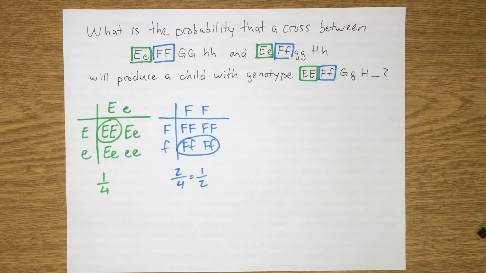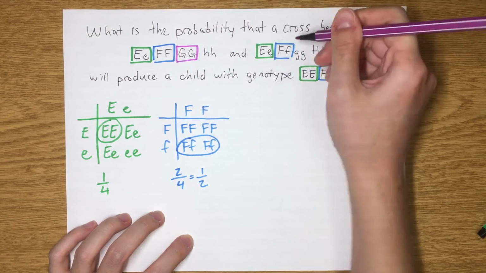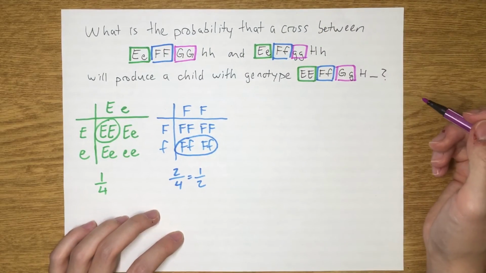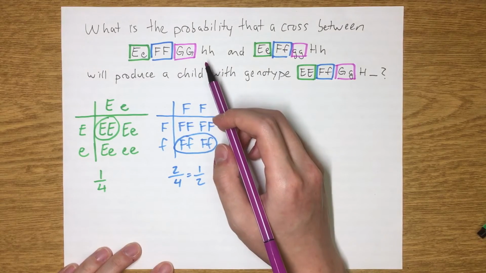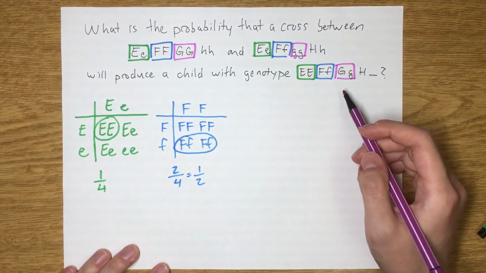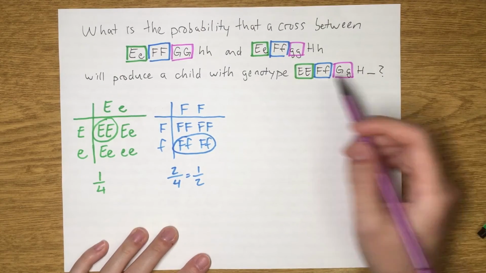So let's say we're doing this on a test and we're trying to think it through quickly in our heads with this third locus. Well, let's think about it. The first parent only has big G's, while the second parent only has little g's, and we're looking to see if the child is heterozygous.